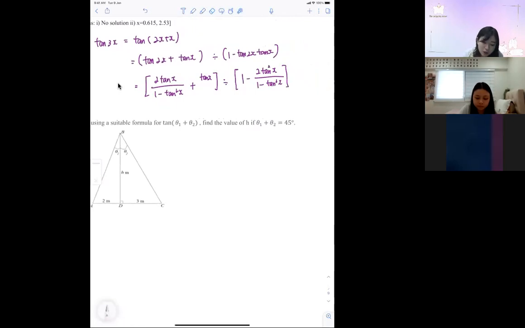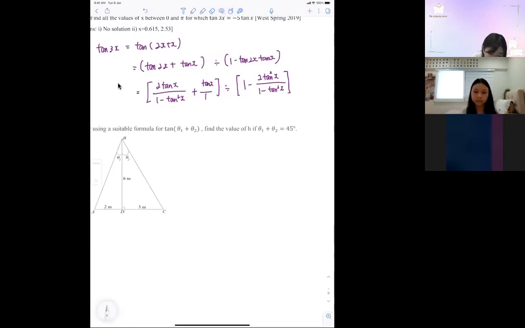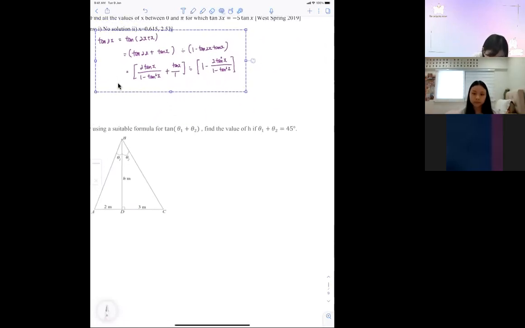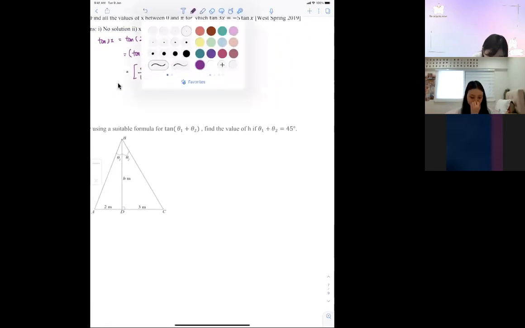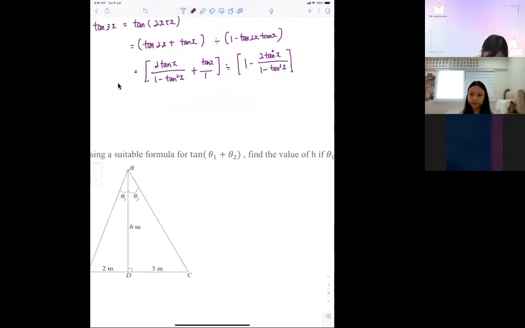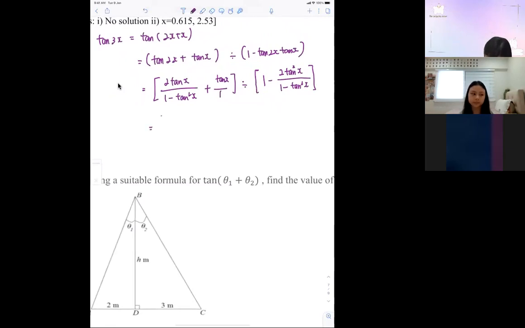Okay, whenever you see something divided by something, you try to make them into one fraction. The reason being, divide can change to times, you can flip and continue simplifying. So this is what we're going to do. This is over 1, so okay, we have 2 tangent x plus tangent x, 1 minus tangent square x.